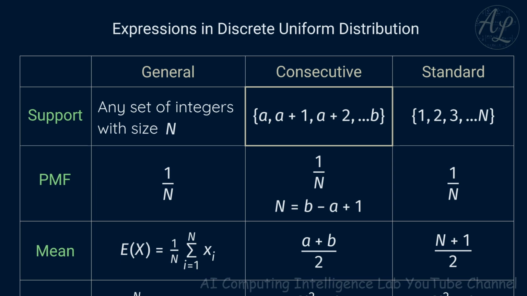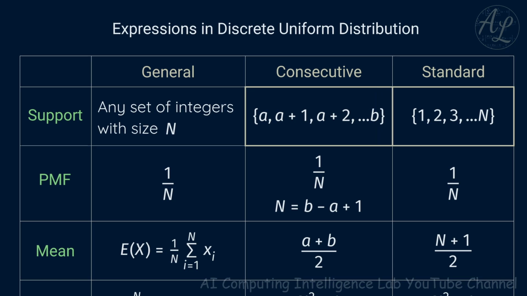For this consecutive case, it starts from a and ends with b, and the number of values given these parameters a and b can be computed using this formula. For the standard case, it is similar to the consecutive case.